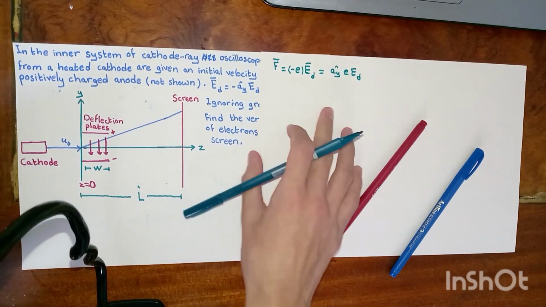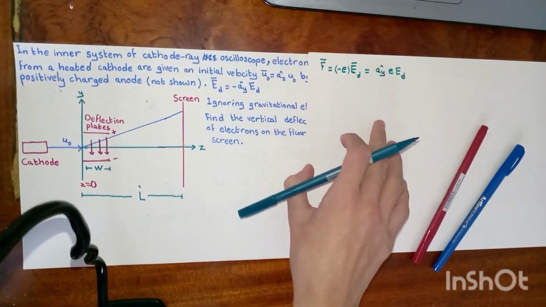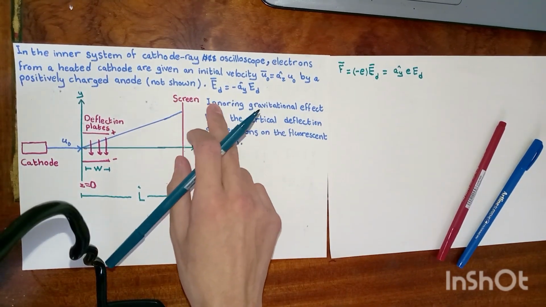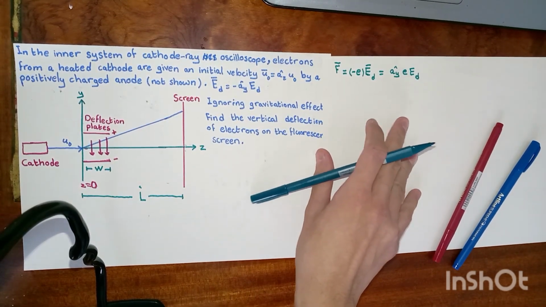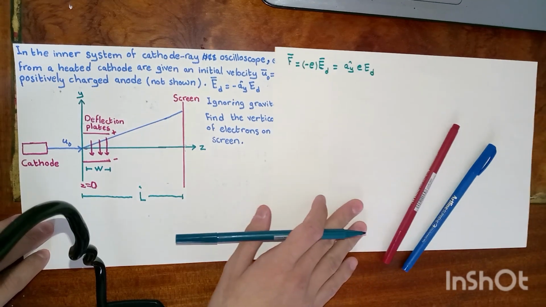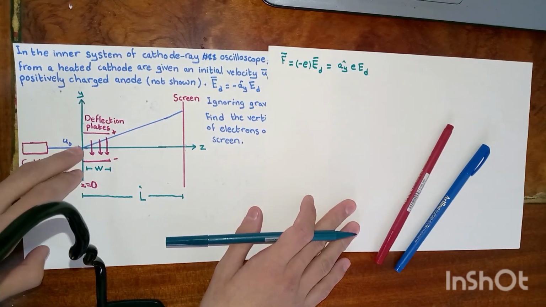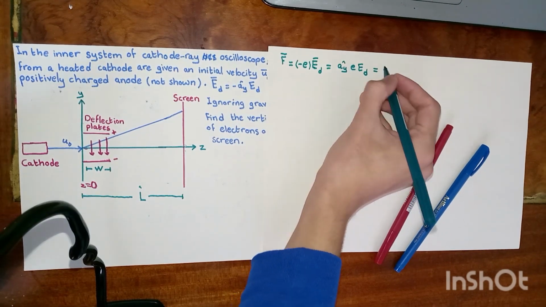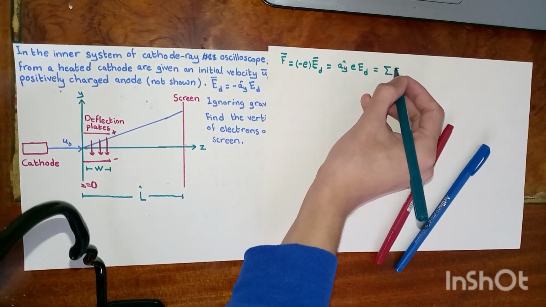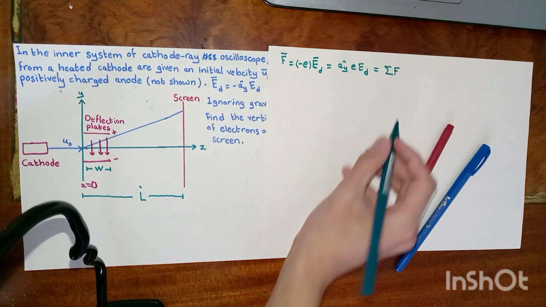Now, according to this sentence, ignoring gravitational effect, the only force that the electrons are experiencing between the deflection plates is the electrical force. So this force is equal to the net force that the electrons are experiencing.